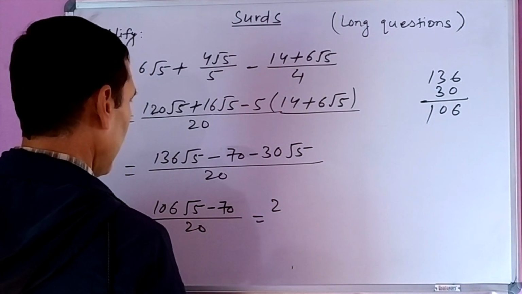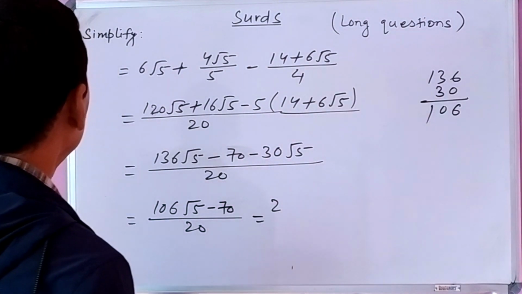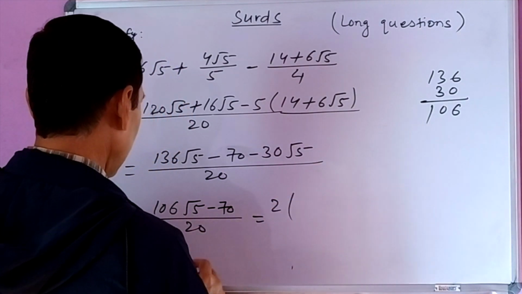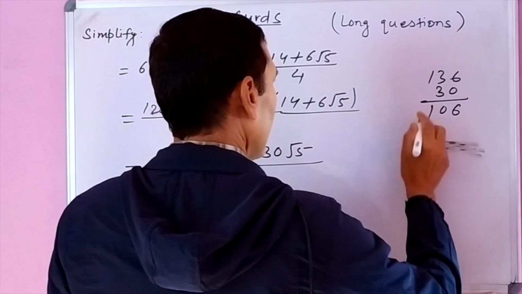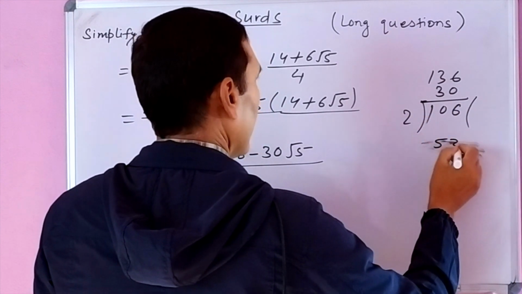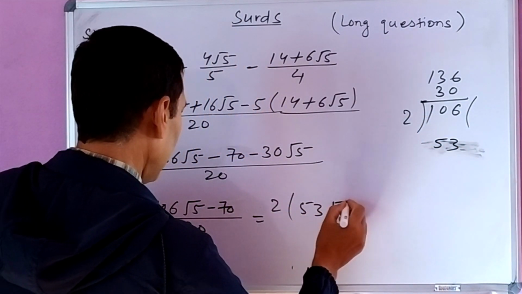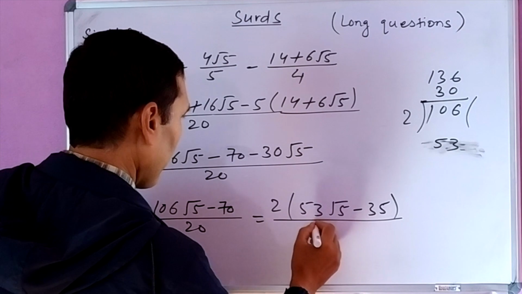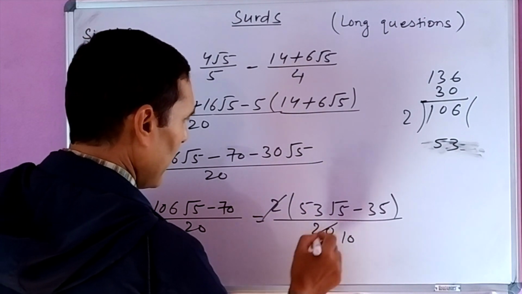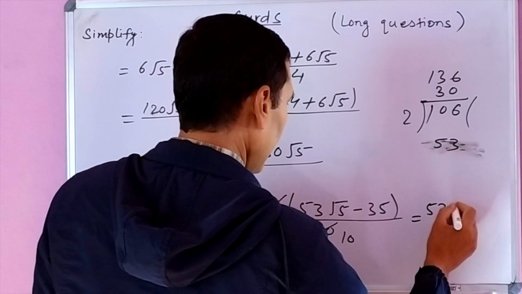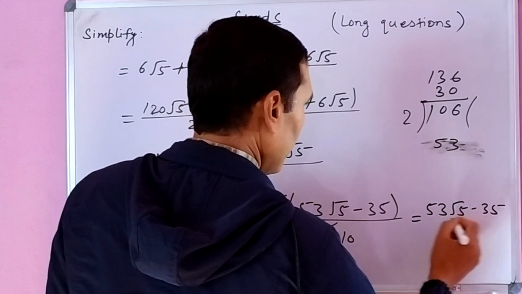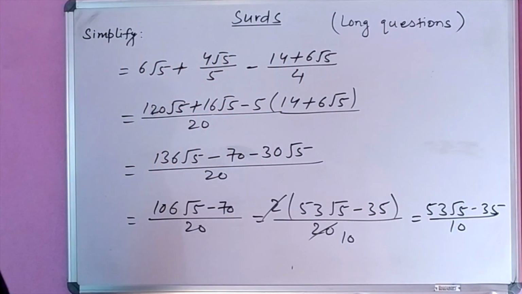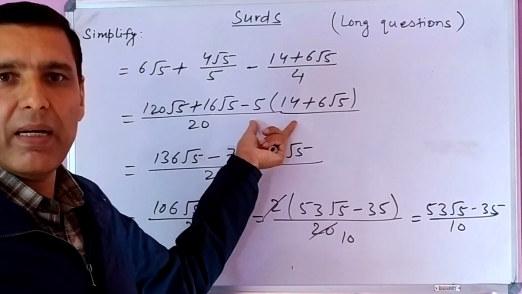When you take 2 common, how much will remain there? 106 divided by 2, we get 53. 53 root 5 minus 35 upon 20 divided by 2, 10. So it is 53 root 5 minus 35 upon 10. Further we cannot simplify it. We have simplified this question by rationalizing the denominator.